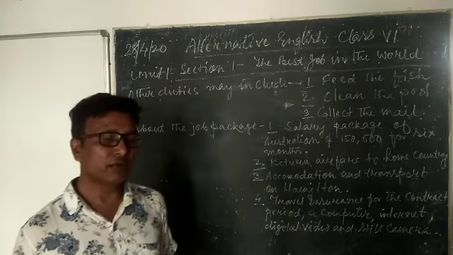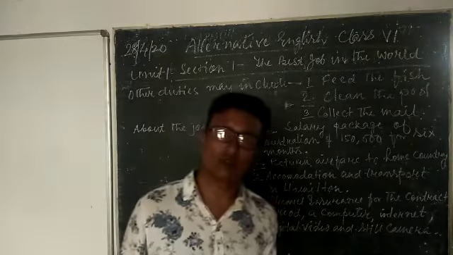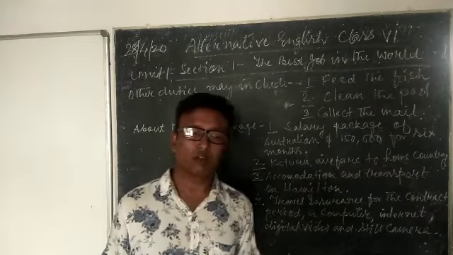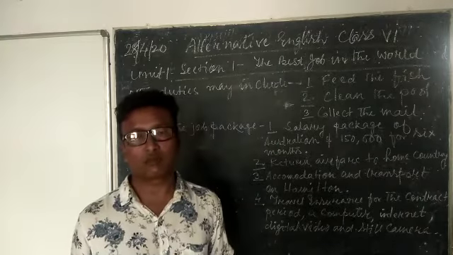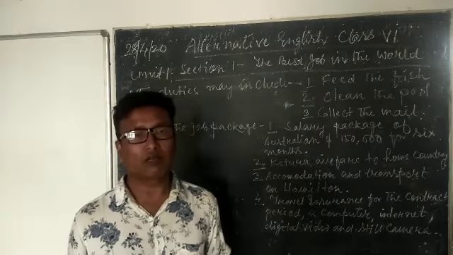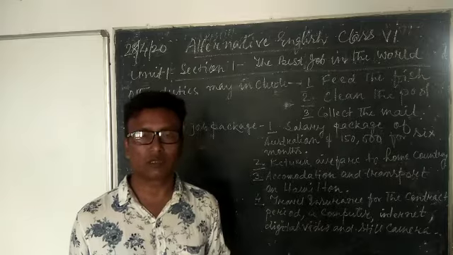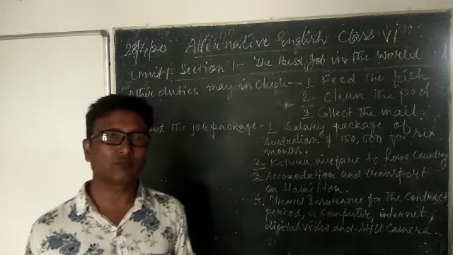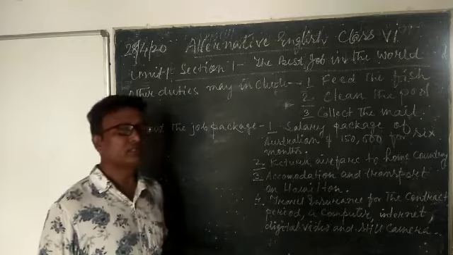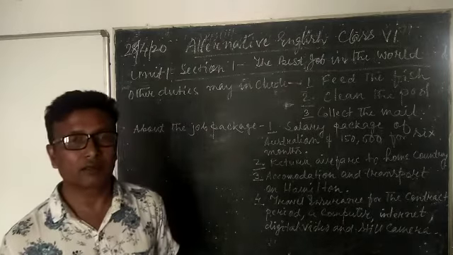Now, if you are trying to write a job advertisement, suppose for a teacher in a school, you will have to mention, in the about the job section, what the job is like. It is a permanent one or a contractual one. If it is a contractual one, then the term is what? All these things you will have to mention in the first place. Secondly, what will be the duties of the teacher?